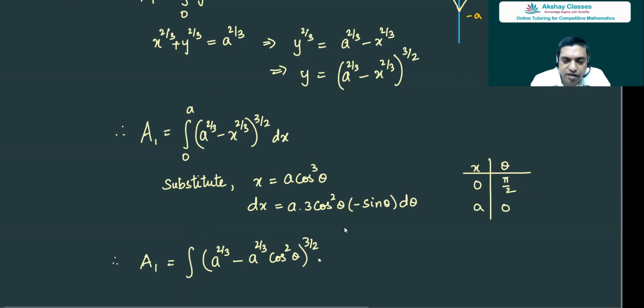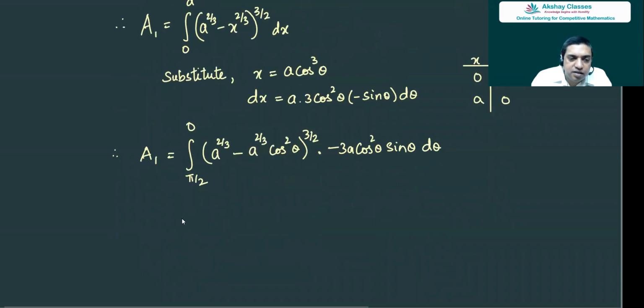I'll write the limits at the end, times minus 3a cos square theta sine theta d theta. The limits will be from pi by 2 to 0. When x is 0, theta is pi by 2. When x is equal to a, theta is 0. This will be the limits.